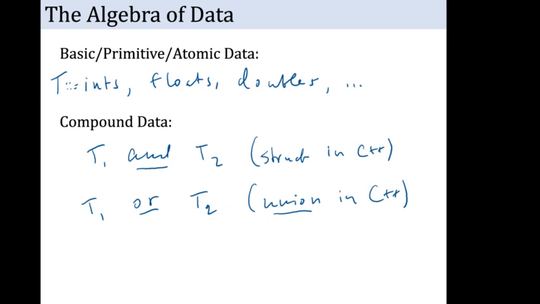You can do conjunction and disjunction. These are products and sums, and they correspond to these things in C++. This is the essence of structs in C++. And then there's also a thing called a union. It's in C, and so it's also in C++. I don't know how often you've used unions, but they're like this.